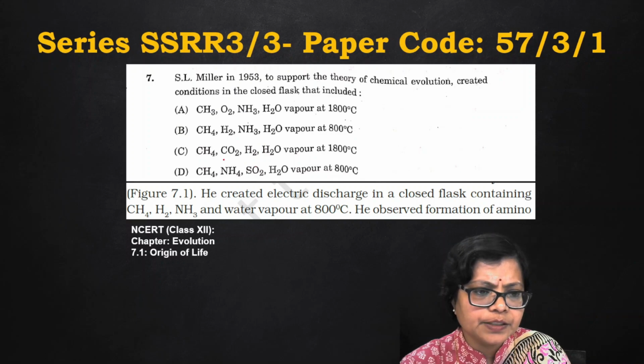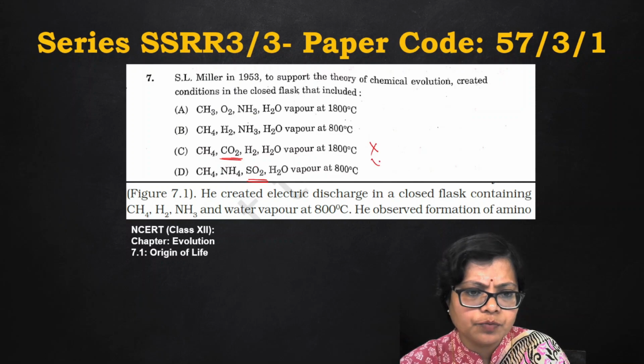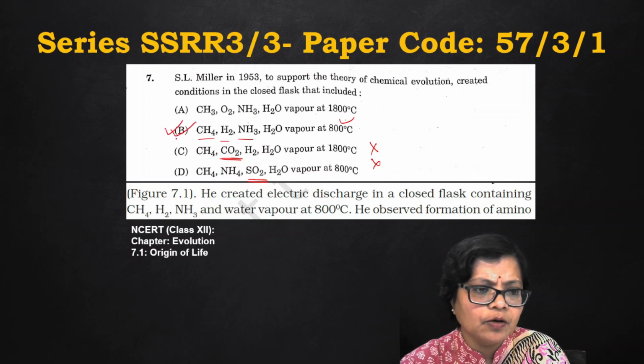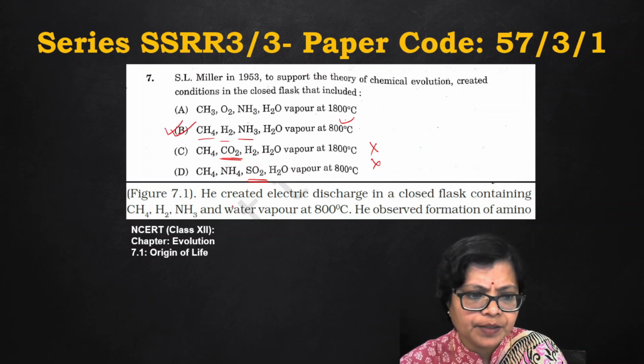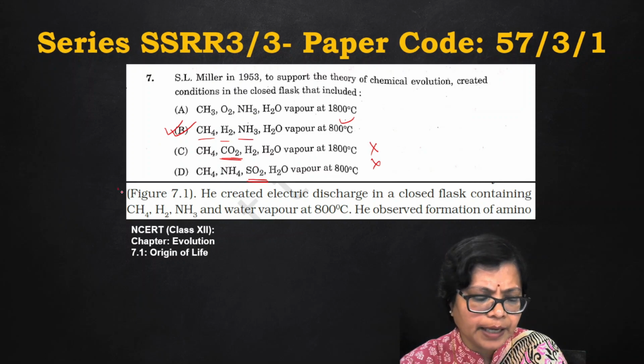In the other option, carbon dioxide is written, sulfur dioxide is written, so not possible. So the correct answer will be option B. Here you see the NCERT book line, the screenshot: methane, H2, ammonia and water vapor at 800 degrees centigrade.